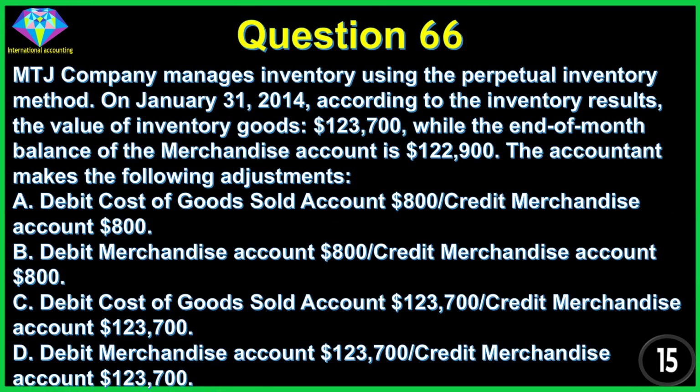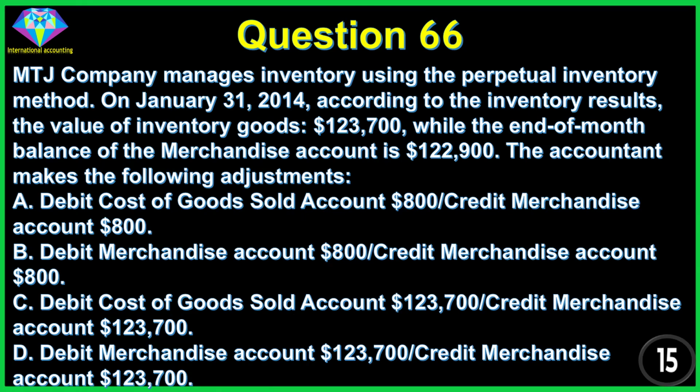MTJ Company manages inventory using the perpetual inventory method. On January 31, 2014, according to the inventory results, the value of inventory goods is $123,700. While the end-of-month balance of the merchandise account is $122,900. The accountant makes the following adjustments. A. Debit cost of goods sold account $800 per credit merchandise account $800.